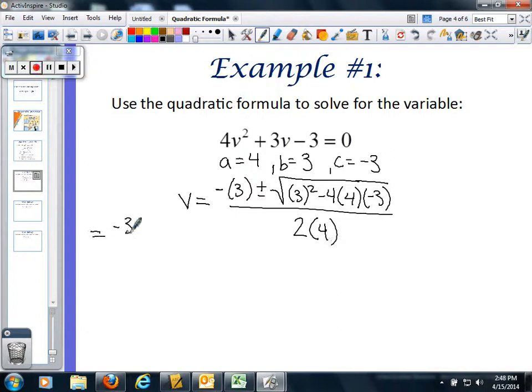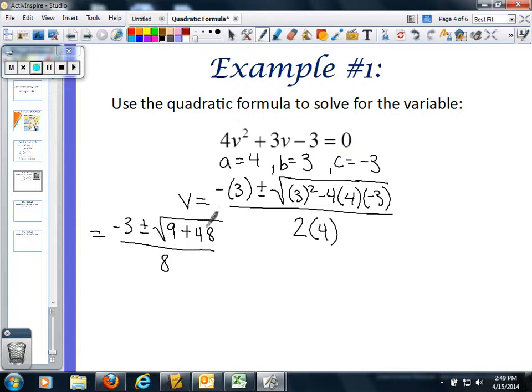So I've got negative 3 plus or minus the square root. 3 squared is 9. Negative 4 times 4 is negative 16. Negative 16 times 3, okay, hold on a second, it's going to be positive, and 16 times 3 is 48, over 2 times 4 is 8.